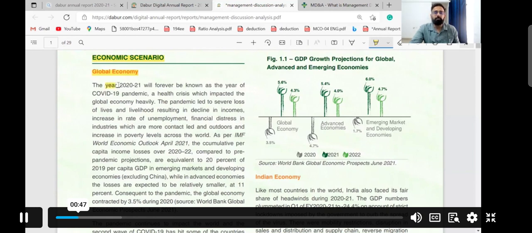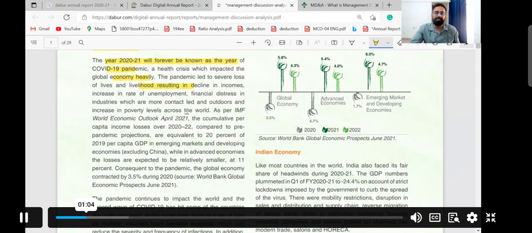The year 2021 will forever be known as the year of the COVID-19 pandemic, a health crisis which impacted the global economy heavily. The pandemic led to severe losses of lives and livelihoods, resulting in a decline in incomes, increased rate of unemployment, financial distress in industries which are more contact-led and outdoors, and an increase in poverty levels across the world.